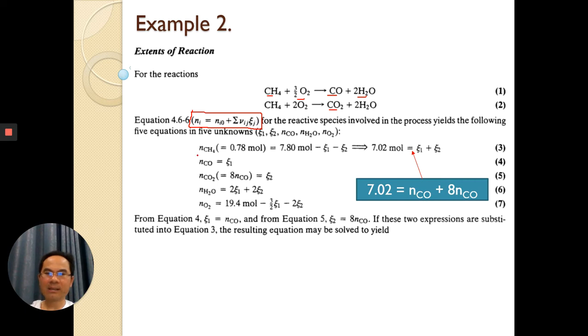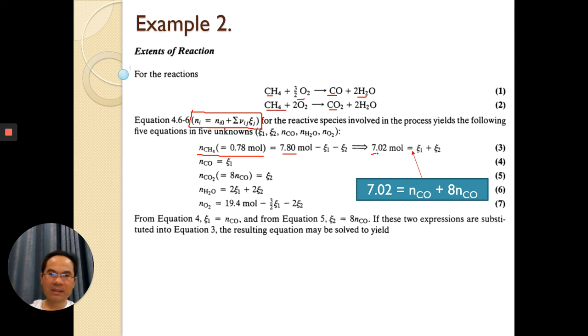Methane output is N methane, which equals 0.78, equal to the methane input, 7.8 mole, plus the summation of nu ij Cj. The stoichiometric coefficient of methane is -1 because methane is a reactant. -1 multiplied by C1, and for the second reaction also -1 multiplied by C2.